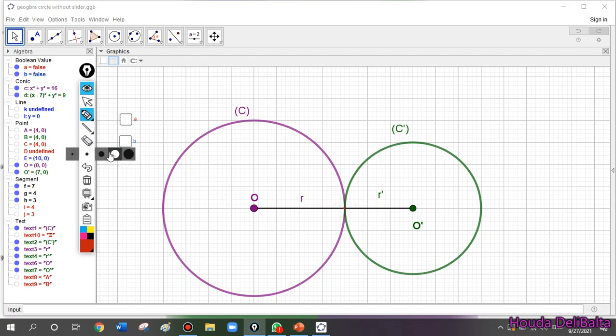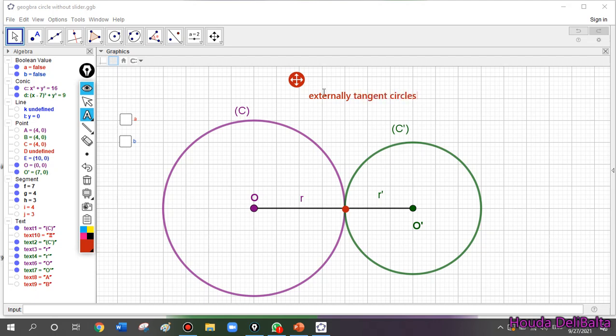Let's make it larger. So here is a single point of contact, or point of intersection, that we call the point of tangency, because these circles are said to be externally tangent circles.